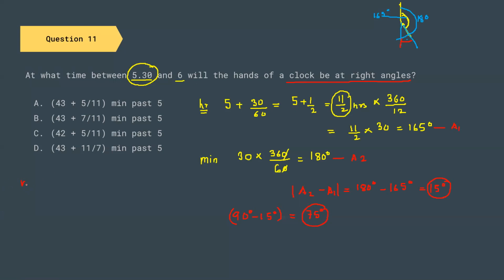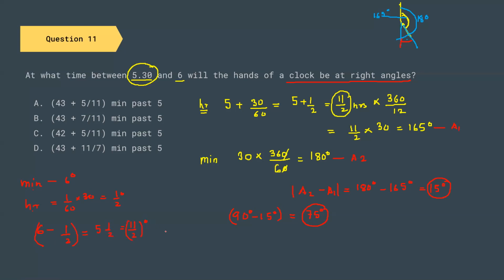Every minute, your minute hand is inscribing 6 degrees, and every minute your hour hand is inscribing 1 by 60 into 30, that means half a degree. So the relative speed between the minute hand and hour hand is 6 minus half, because the hour hand and the minute hand are traveling in the same direction. That means 5 1 by 2, which gives us 11 by 2 degrees per minute.